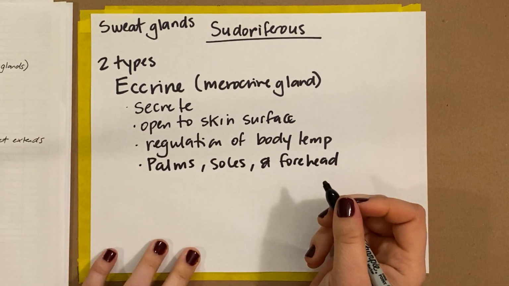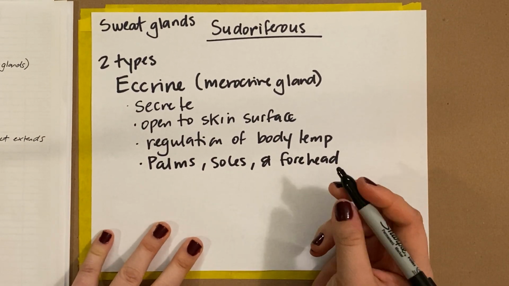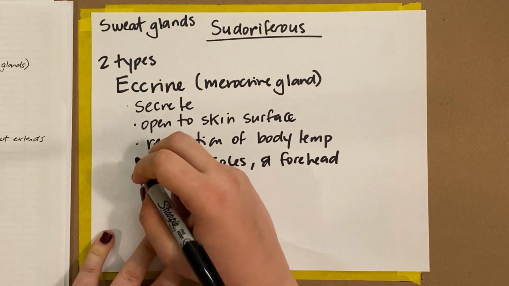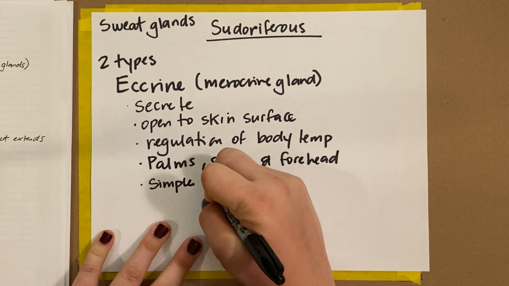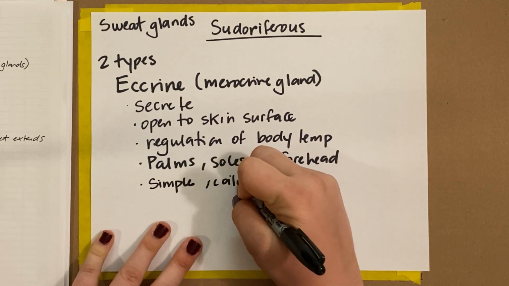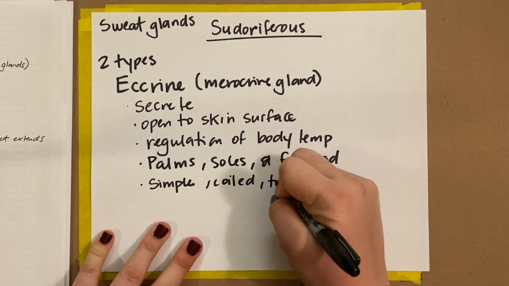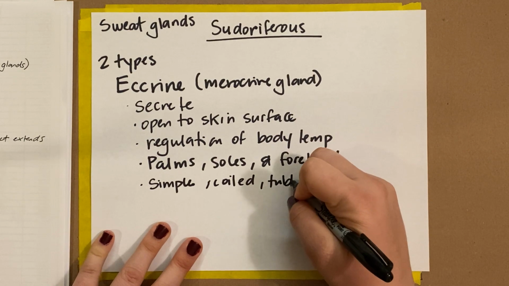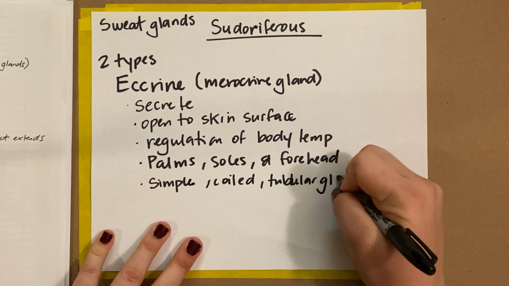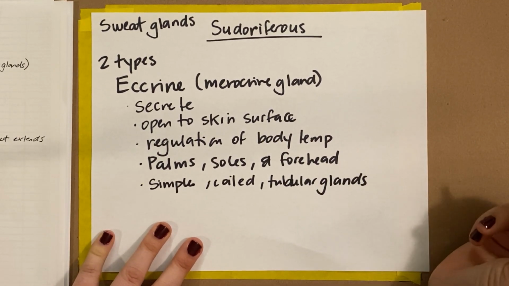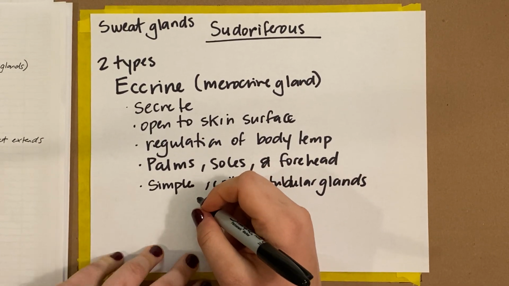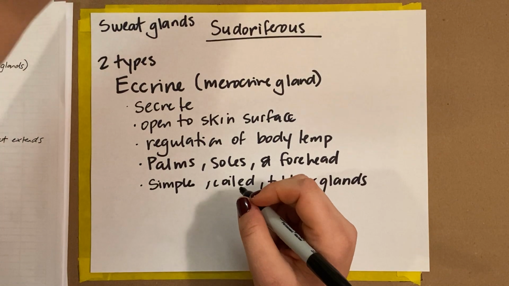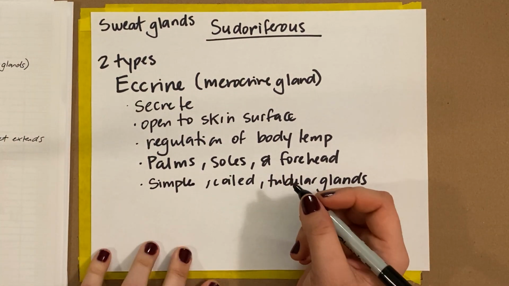Okay, and they're going to be simple, coiled, tubular glands. The secretory part is going to lie actually within the dermis.